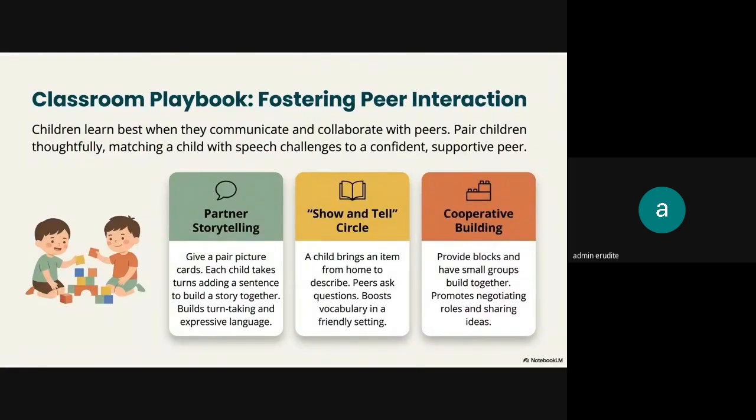And then we're looking at another classroom playbook, but this is to let the children interact. So children learn best when they can communicate with each other. To help with language, storytelling, it's a good idea. Each child takes a card, make a sentence, or add a sentence.